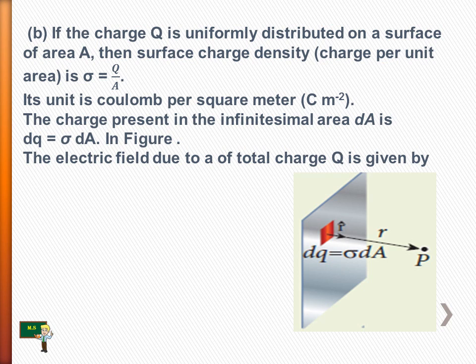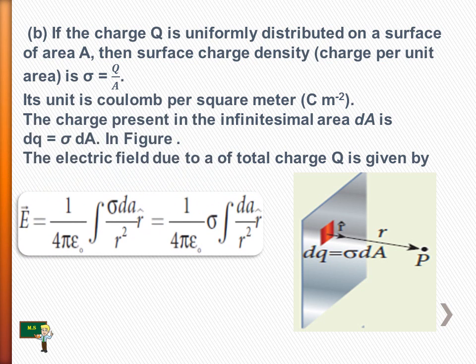The charge present in the infinitesimal area, that means dA, is dq equal to sigma dA. In the figure we get the electric field due to a total charge q, which is given by E vector is equal to 1 by 4 pi epsilon 0 integral sigma dA divided by r square into r cap.